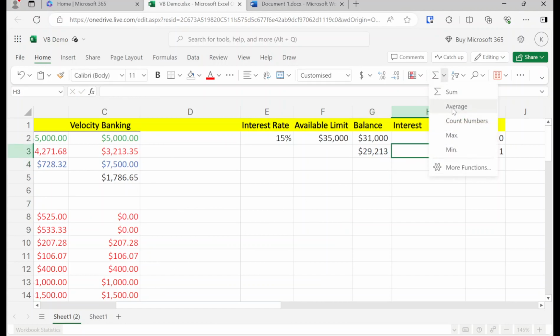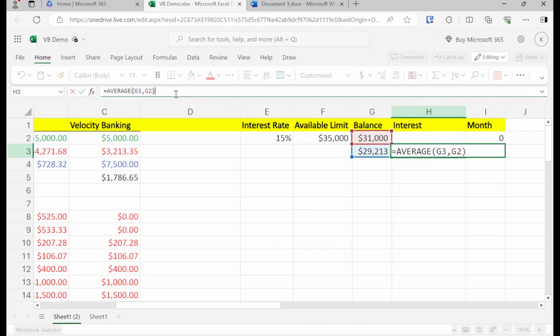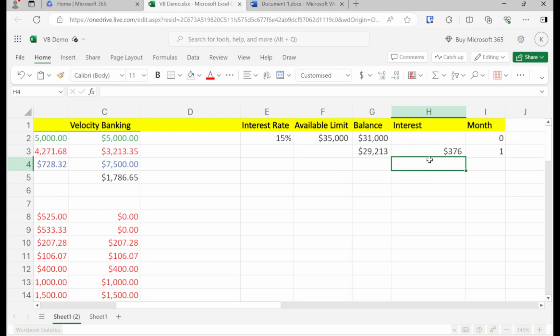So let's go ahead and average this out and then multiply it by the interest rate, which is 0.15 divided by 12. This comes from this 15% divided by 12, so you get the monthly interest rather than the annual.